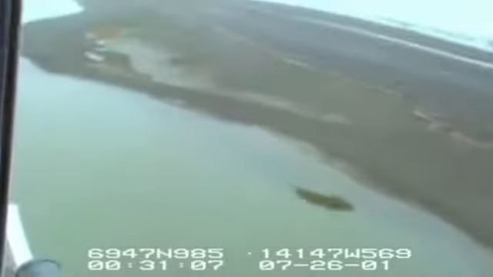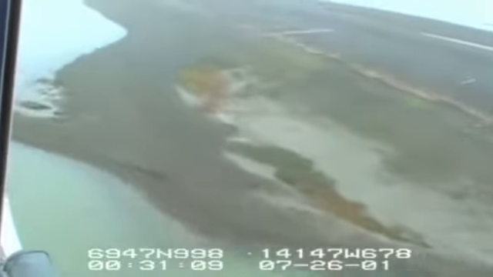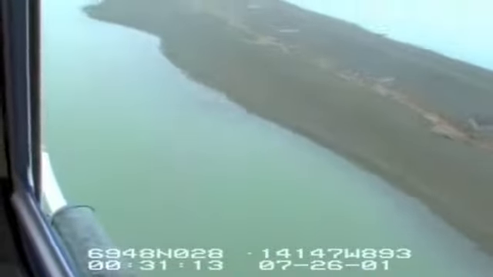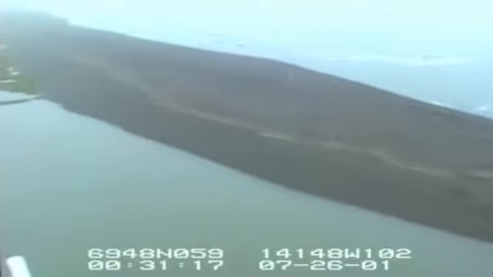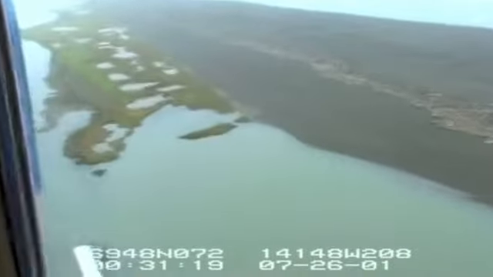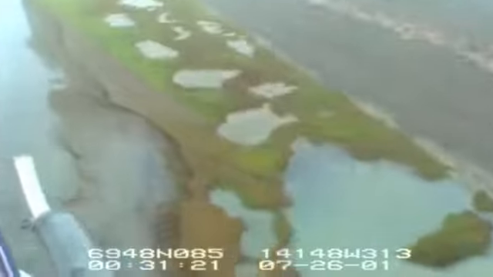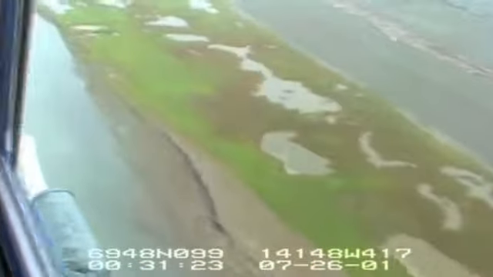Like there, parts of the old mainland that's left. As the mainland has retreated, the barriers have also moved over them. Again, tundra, inundated lowland tundra.